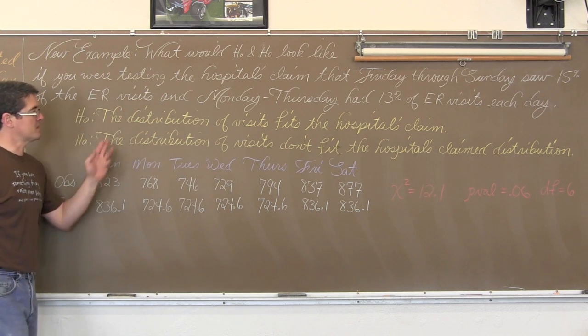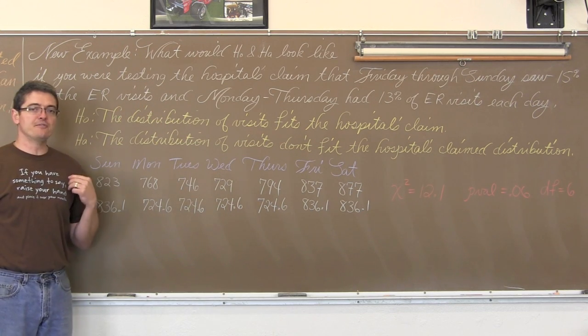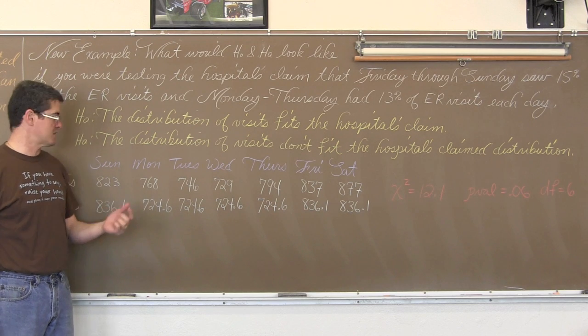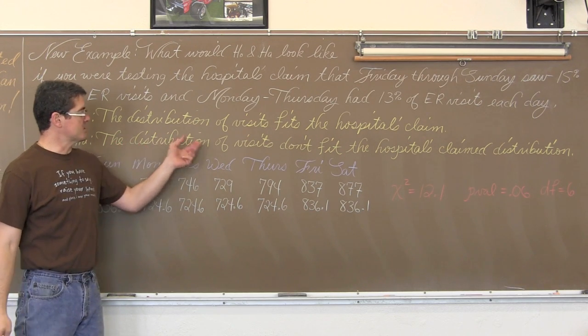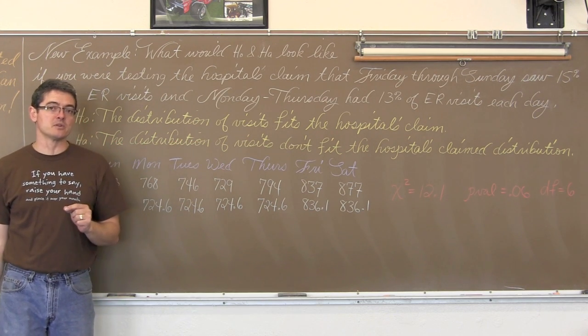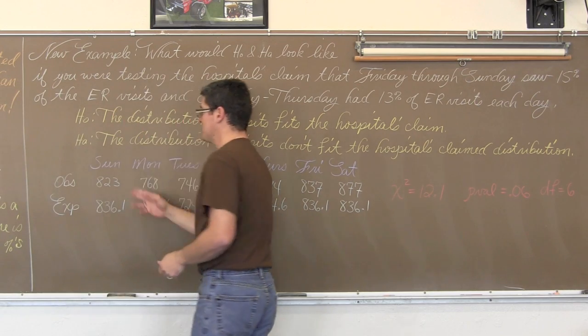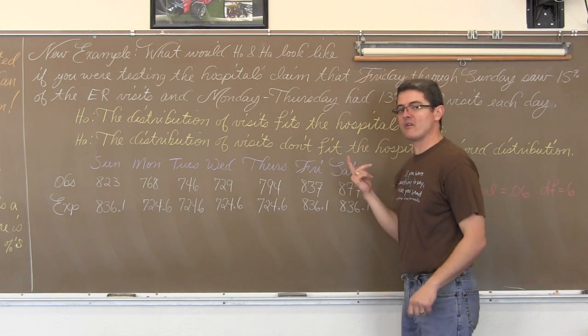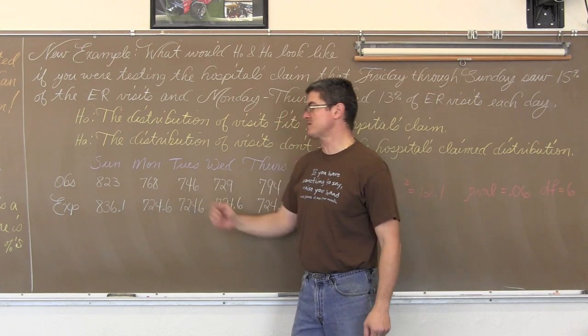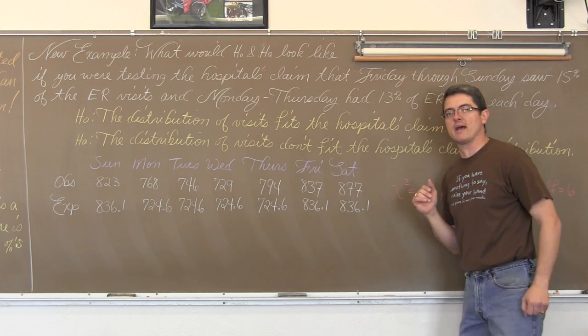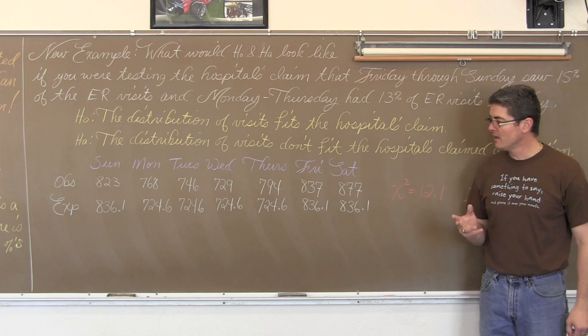Well, H sub O is that the distribution of visits fits the hospital's claim distribution, and H sub A is that the distribution of visits doesn't fit the hospital's claim distribution. And again, we have our observed values on Sunday through Saturday, 823, 768, and so on. These are the same ones we had in the previous example.